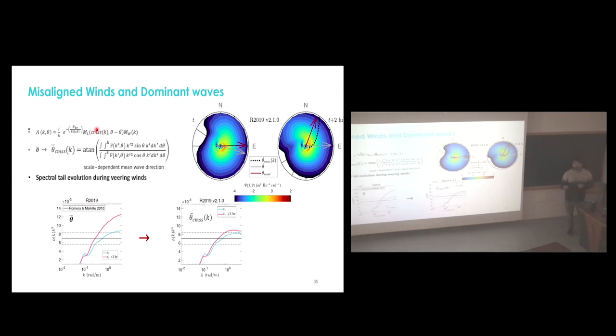So we may as well use a direction that is weighted by the cumulative mean square slope. So it's dependent on scale, and it would rotate as the winds rotate.